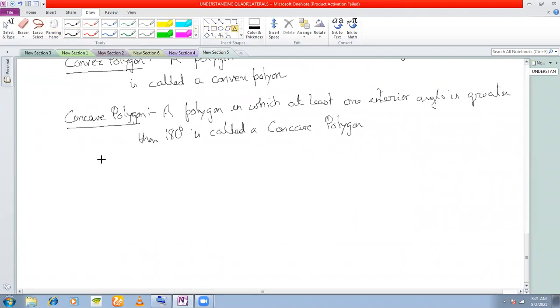Let's say an equilateral triangle. You know how to denote the equal sides of a triangle? This is the way we denote it in the figure, which means all the sides are equal.